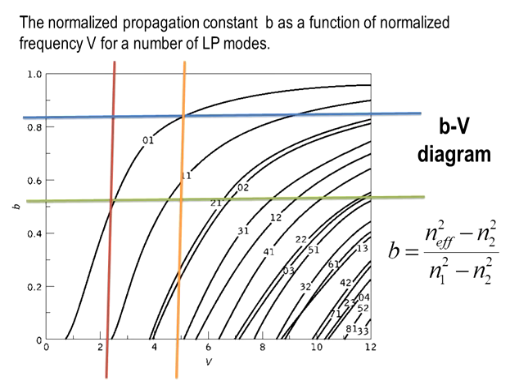Now this V number is directly related to the numerical aperture and the radius. But if we consider the wavelength of the light passing through the fiber, V number is inversely proportional to this lambda. So this V number 2.405 is called the cutoff V number.